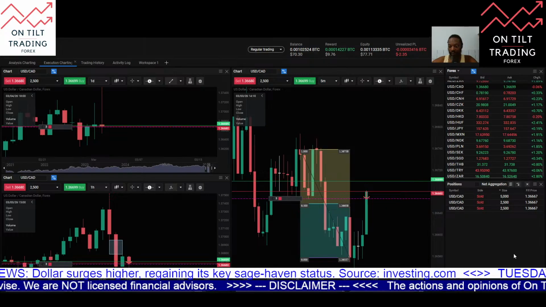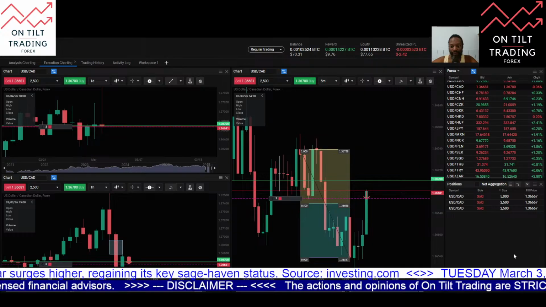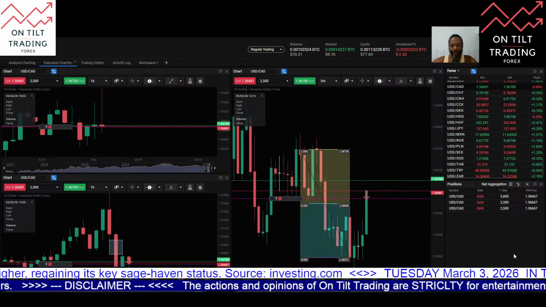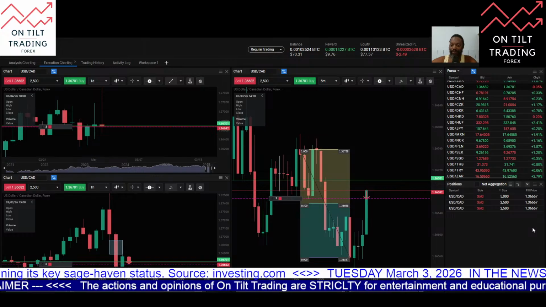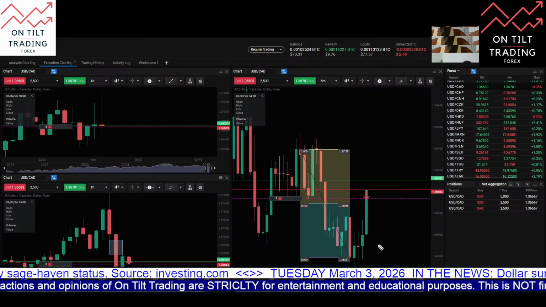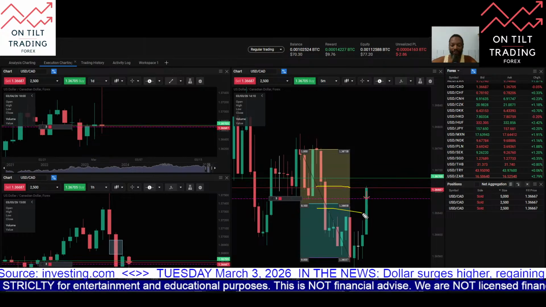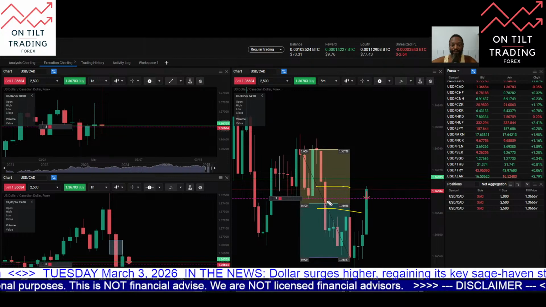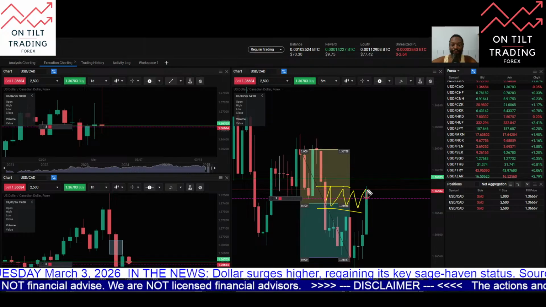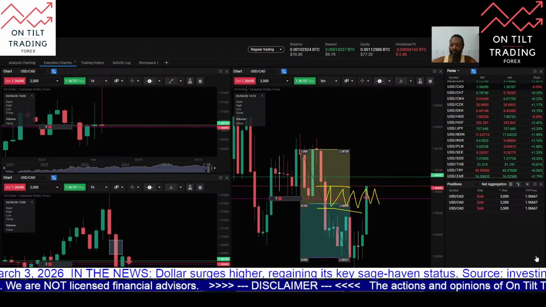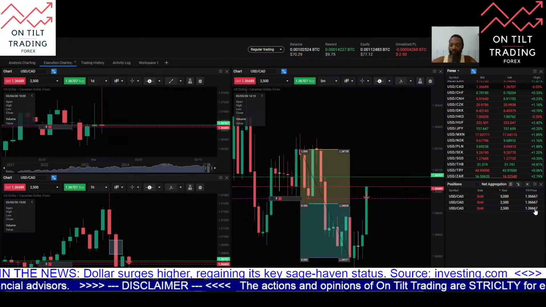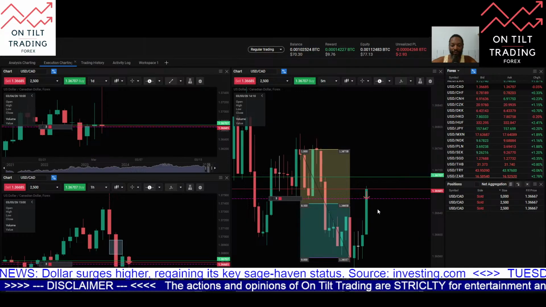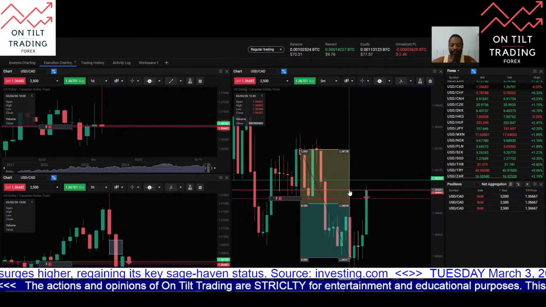Less than 1 minute remaining in the current 5-minute candle. You can see price trading deep within this fair value gap here. See what type of closure price will give.